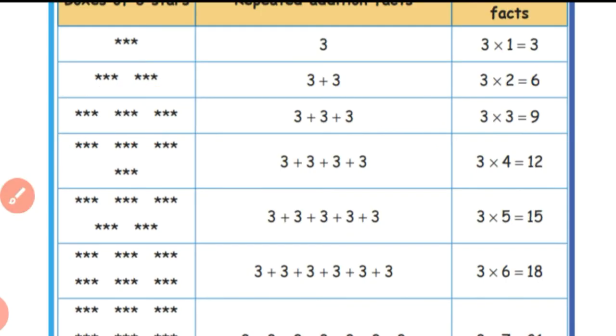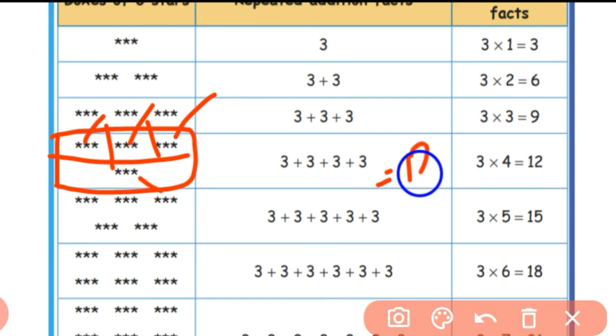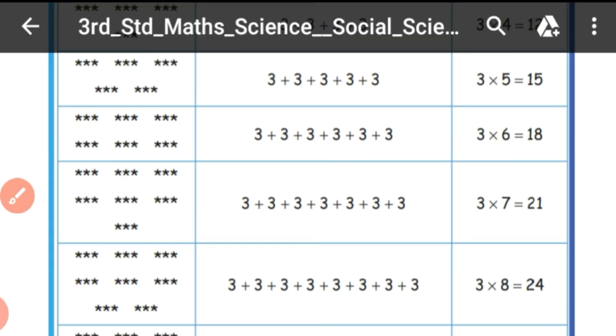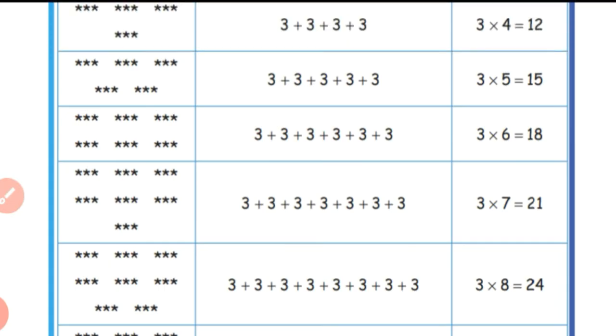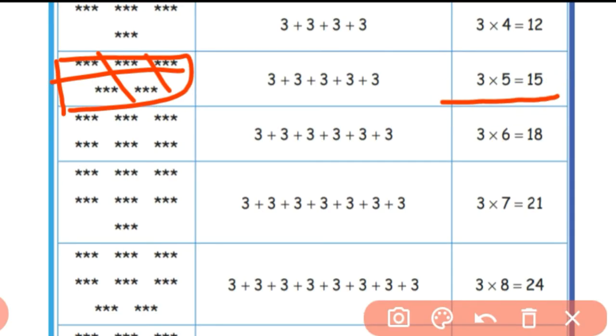Next one, 3 plus 3 plus 3 plus 3. Total number of stars is 12. Multiplication fact is 3 into 4 is equal to 12. Next one, 3 into 5 is equal to 15.